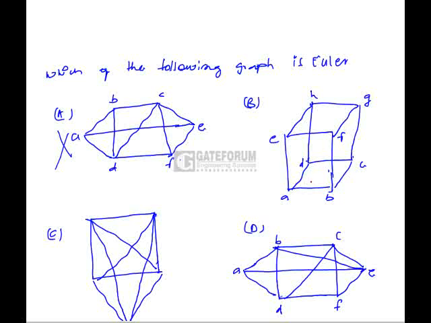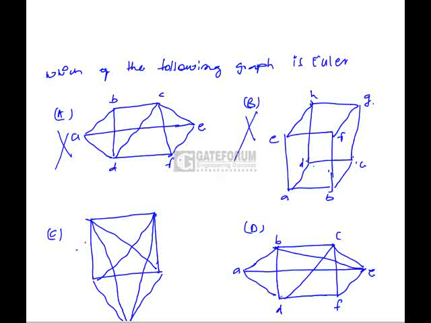If you take this path, without going to this BF, we cannot cover the upside edges like HC, DC, and something like that. Let us see option C.